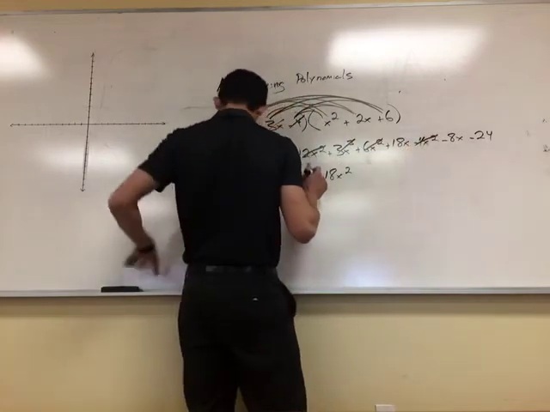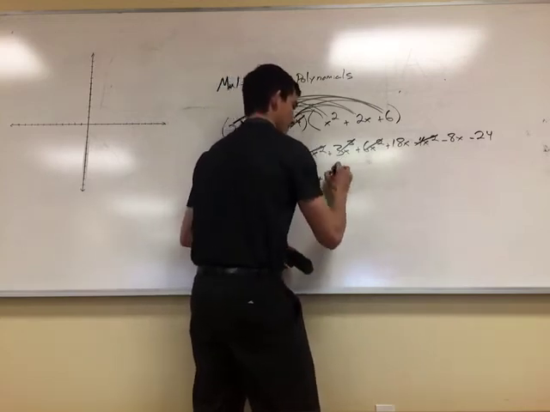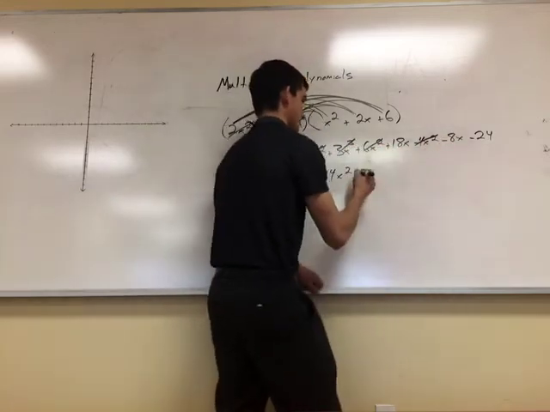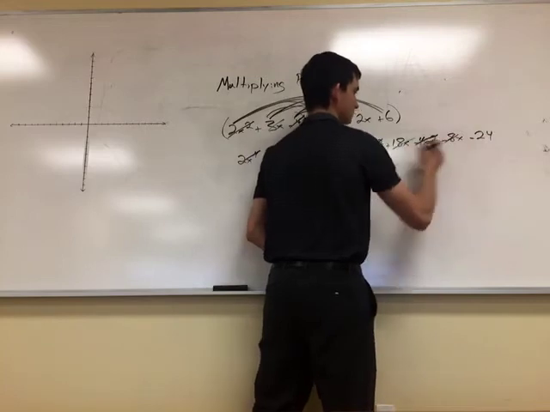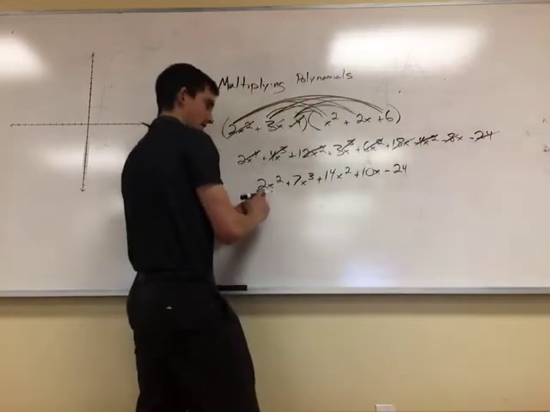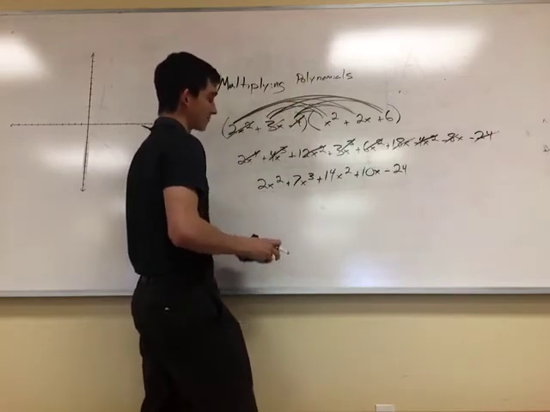So instead of 18, I have 14x squared. 18x minus 8x is 10x, then minus 24.